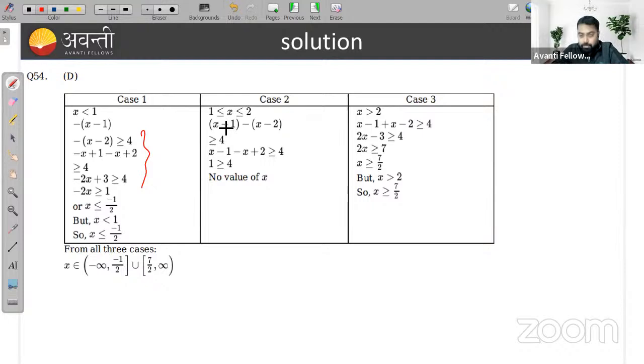Similarly, in the second case, when x is greater than or equal to 1 and less than or equal to 2, the modulus is opening with a positive sign.